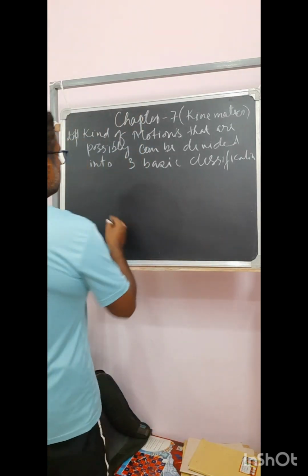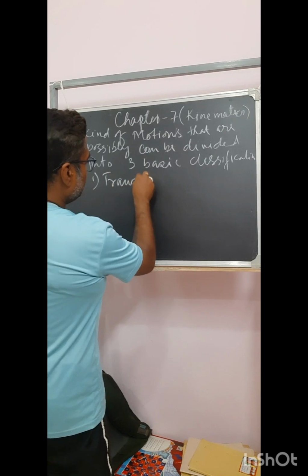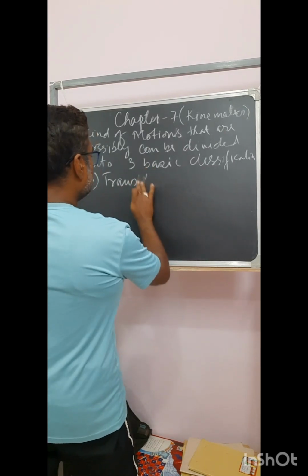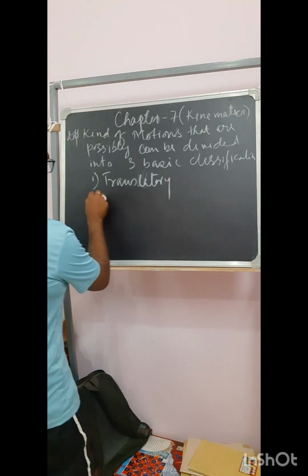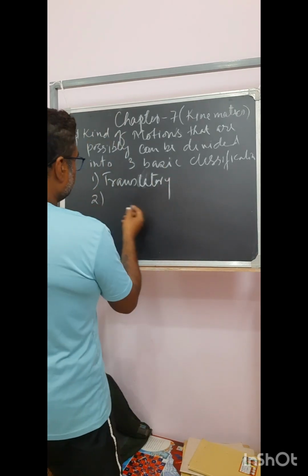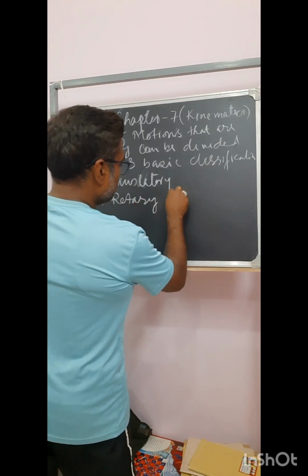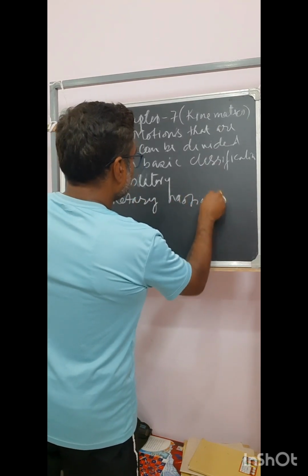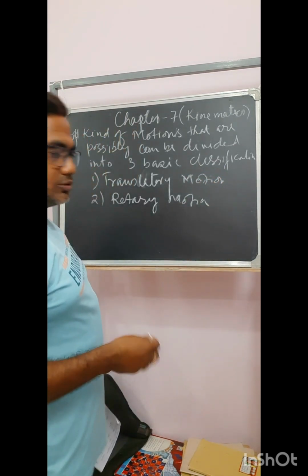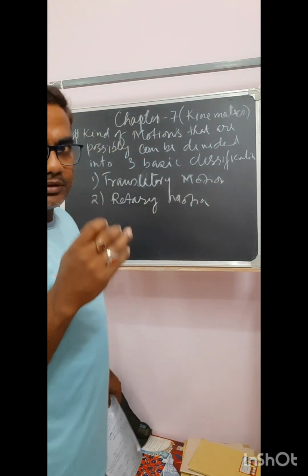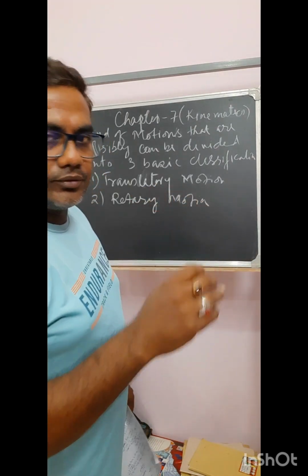Those are: the first kind is translatory motion. The second one is your rotary motion. These topics are very general, so I may go a bit fast, but it is not very tough to understand.